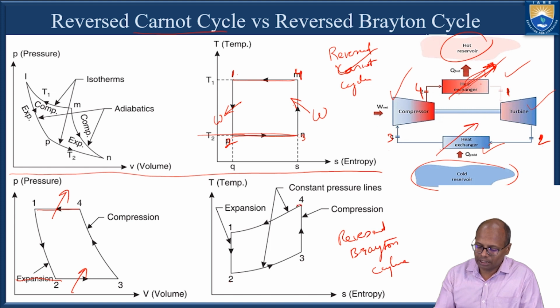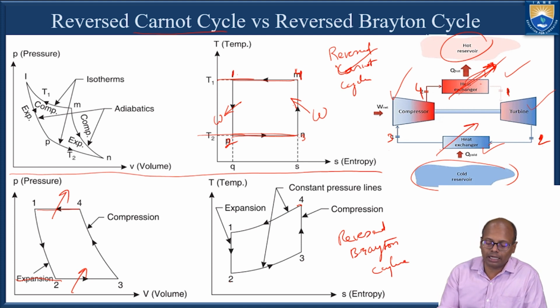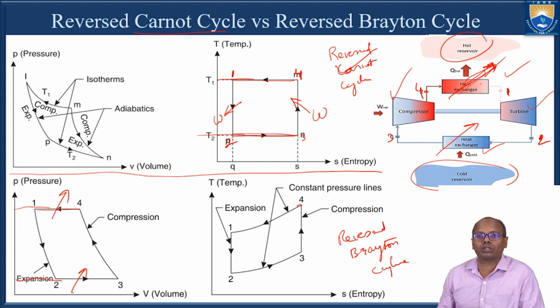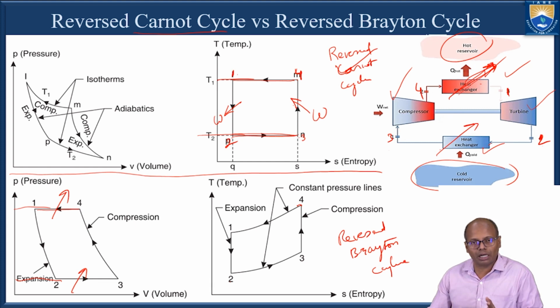You can see here this is the highest pressure, and from 4 to 1 it is a constant temperature process in case of a reversed Carnot cycle, and it is a constant pressure process in case of a reversed Brayton cycle. So this is the basic difference between reversed Carnot cycle and reversed Brayton cycle.